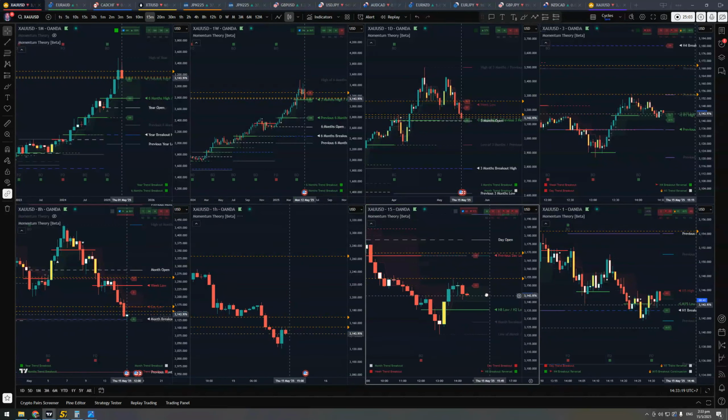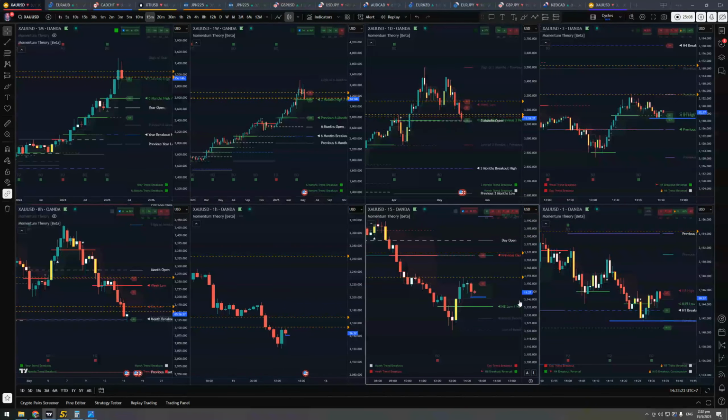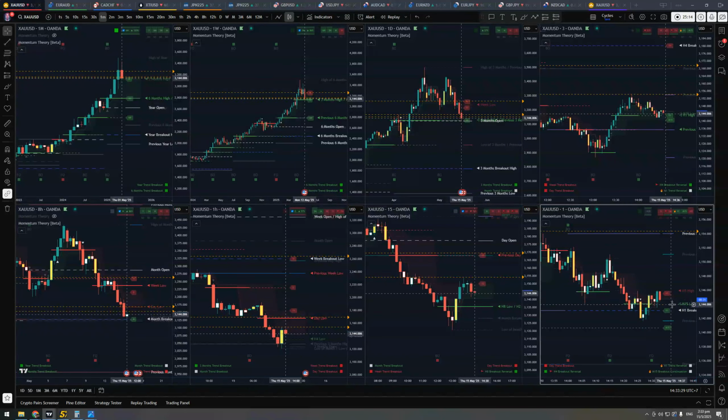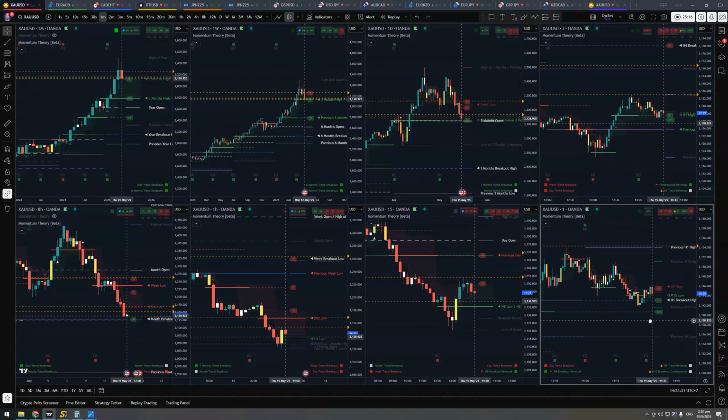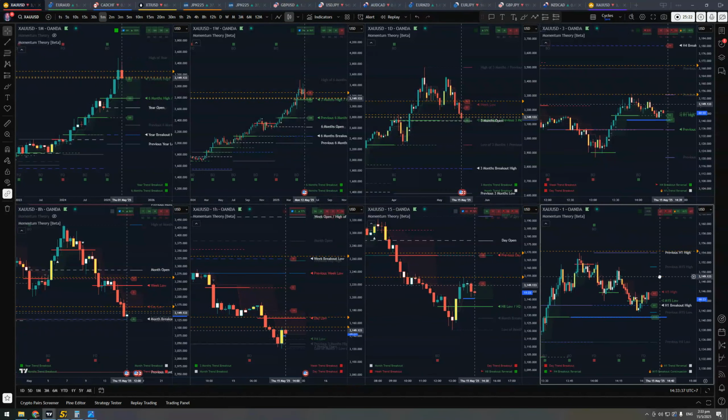So ideally, what I want to see is a breakout of the M15 low over here in the next 15 minutes. Get below here, and then get back above. We're still in a breakout continuation. I find that breakout continuations, when they work, are really good.